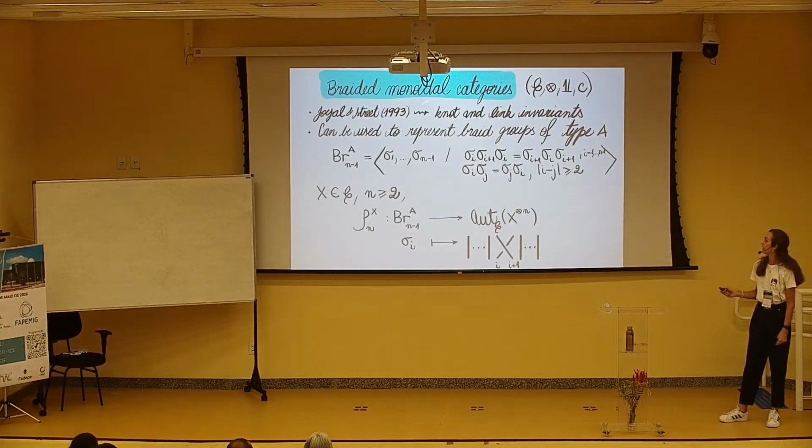So take your favorite braided monoidal category, take an object X in C, and pick n an integer greater than or equal to 2.